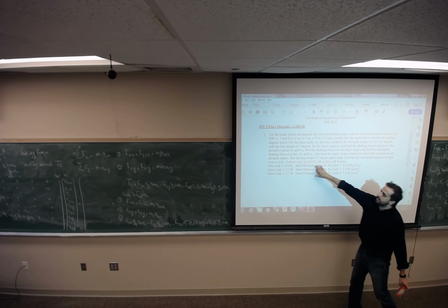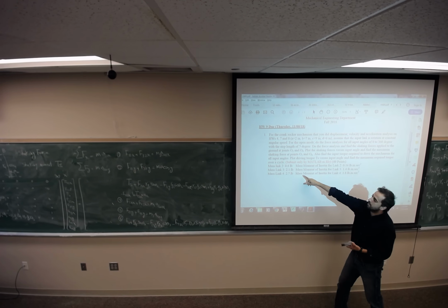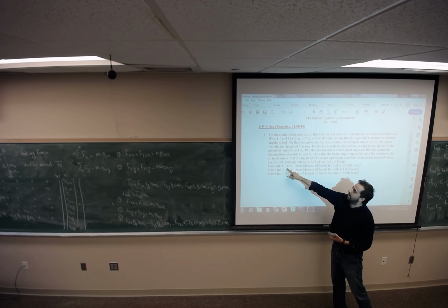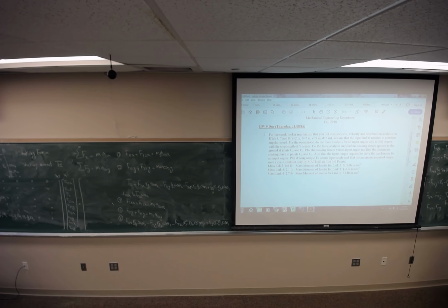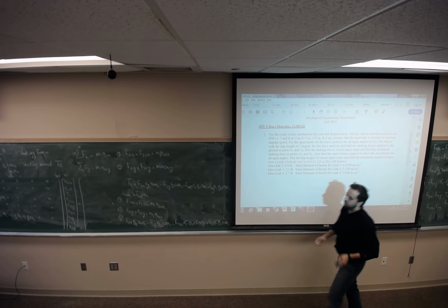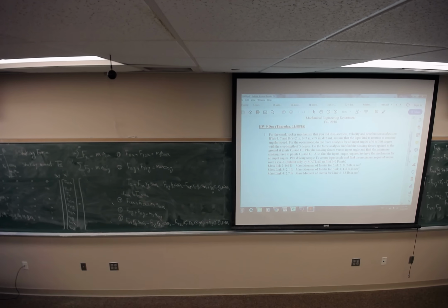These are the information that you are given. Link 2 has the weight of 0.6, 2.1, and 2.7, and mass moment of inertia is given. It takes time to write the code, so don't leave it to the last day.